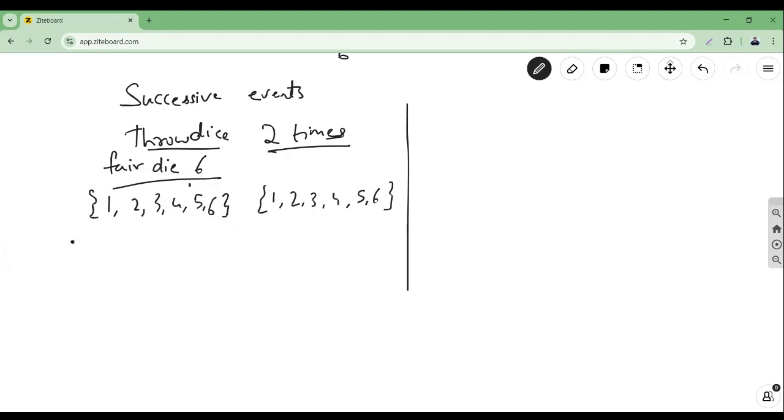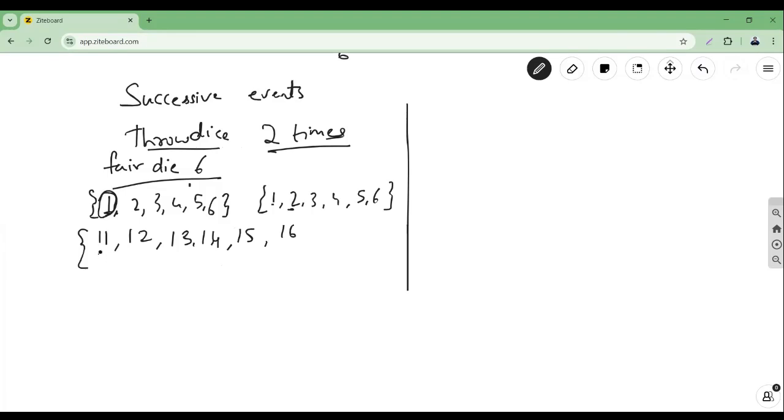What is the possibility that 1 and 1 can come? So that is one combination. 1 and 2 can come. So 1, 2. Then 1 and 3 can come. 1, 4. 1, 5. 1, 6. This is when I have only 1 in the beginning.